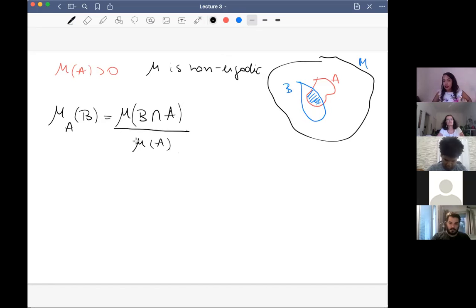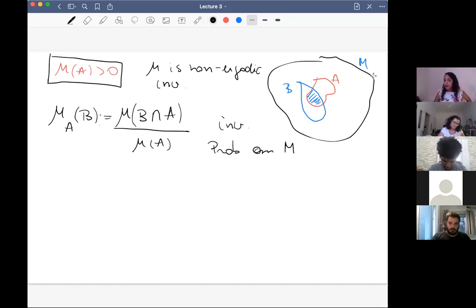But then you divide by the measure of A. Notice that you can divide because the measure of A is not zero, it's positive. That's important, that's where we use the hypothesis. So you can divide by it, and it's not hard to prove that if mu is invariant, mu A is also invariant, and it's an invariant probability.